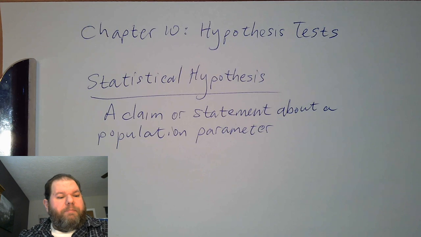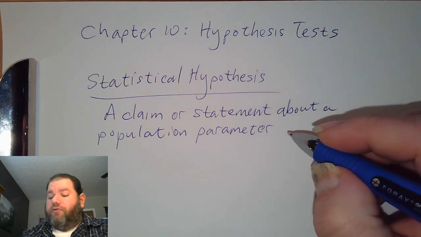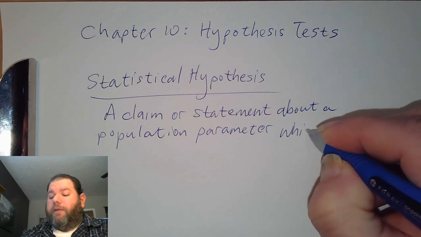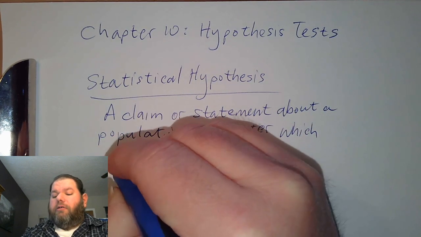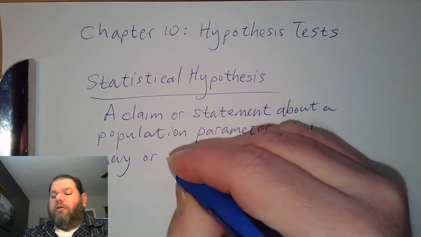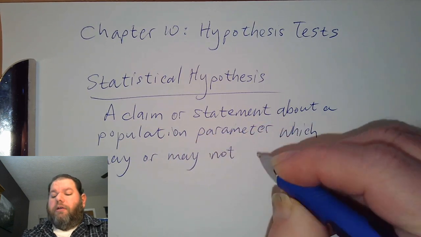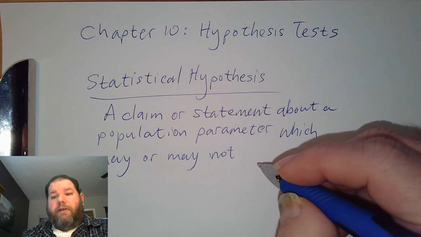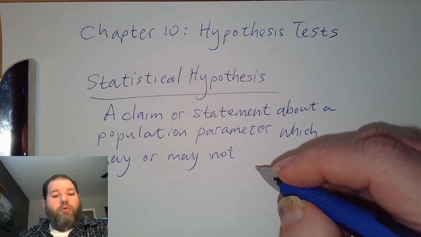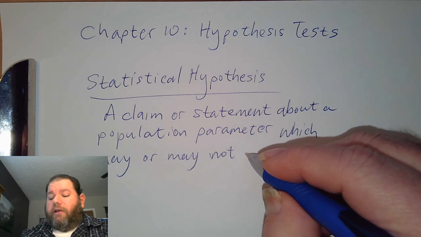And this may or may not be true, this claim that we make. But the idea of the hypothesis test is to determine whether or not this claim that we make is true.